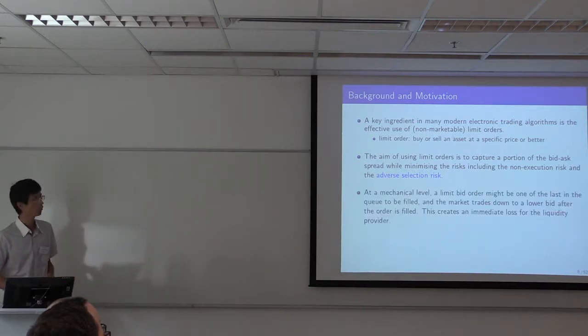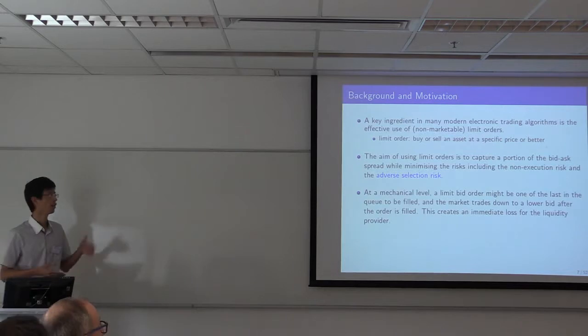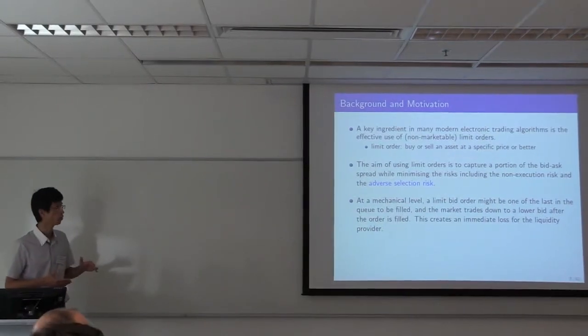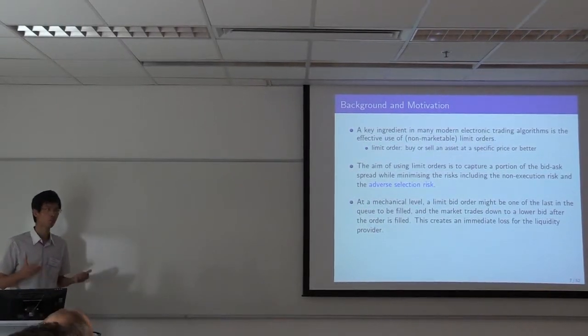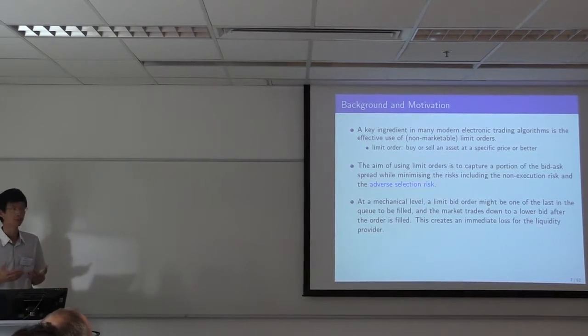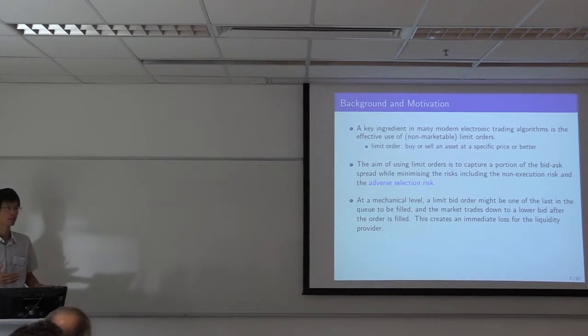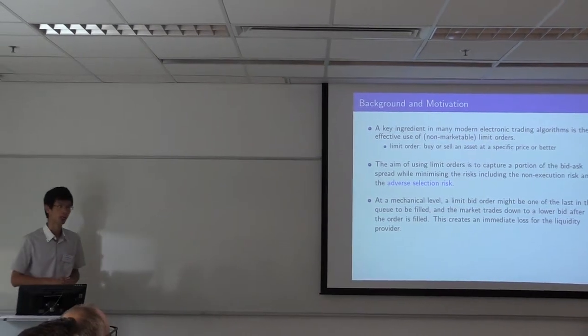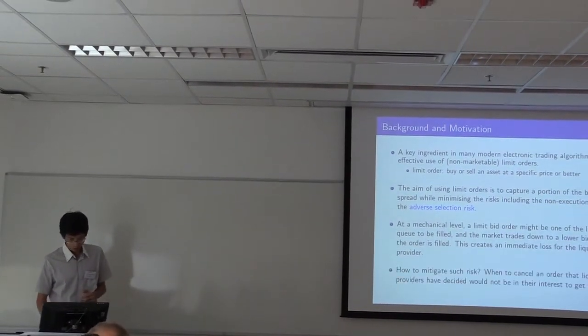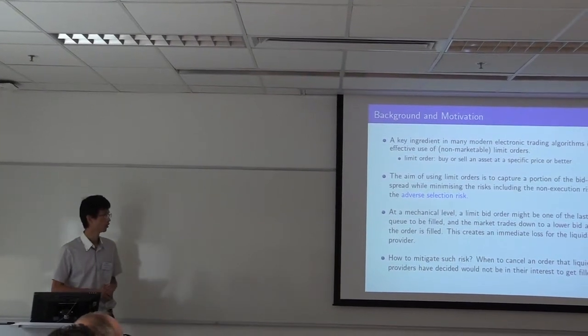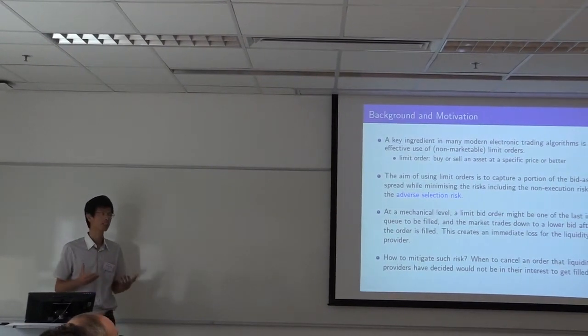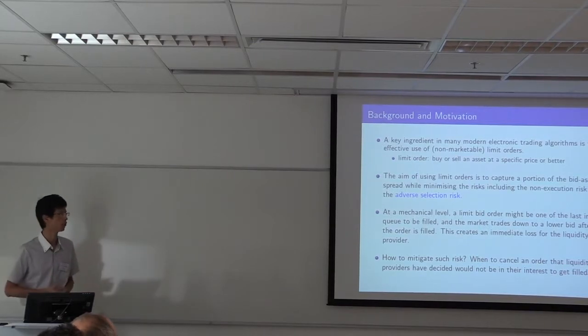But at a mechanical level, if you're a liquidity provider, you have placed a limit order in your order book, and your order might be just one of the last in the queue to be filled. After your order is filled, the market then trades down to a lower bid, and this creates an immediate loss for you. So the motivating question for this work is: how can you avoid such losses or mitigate such a risk?